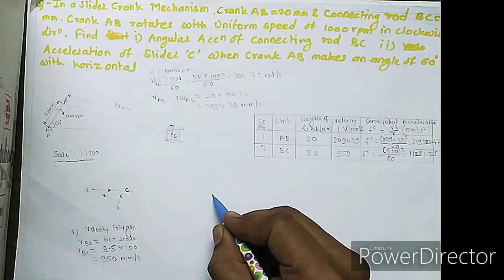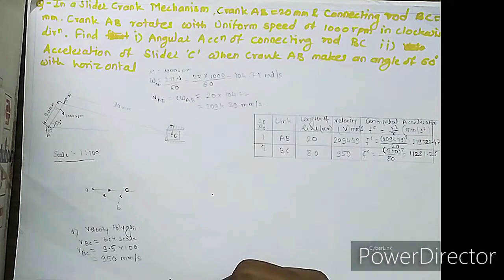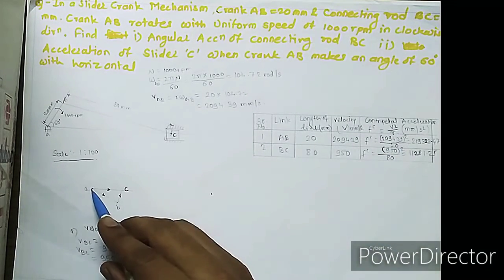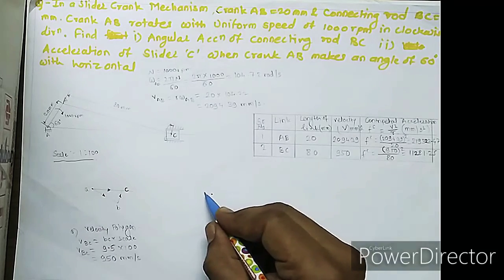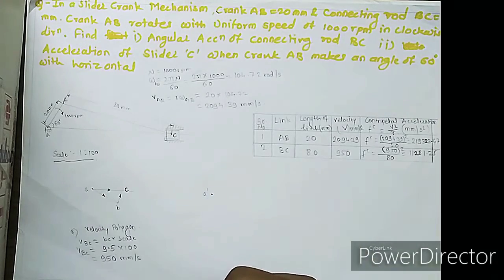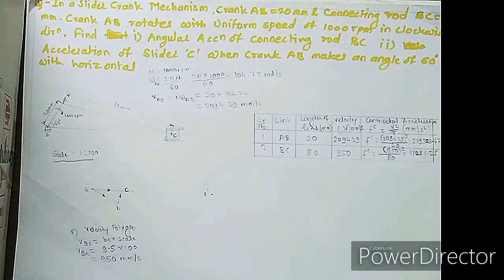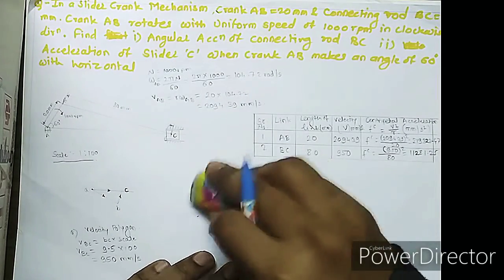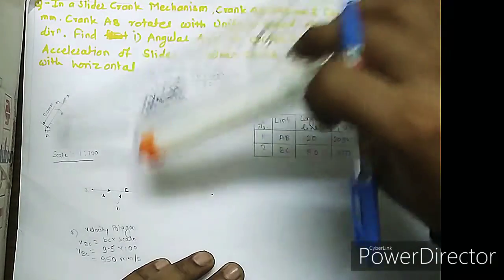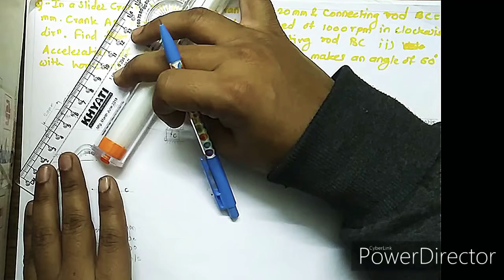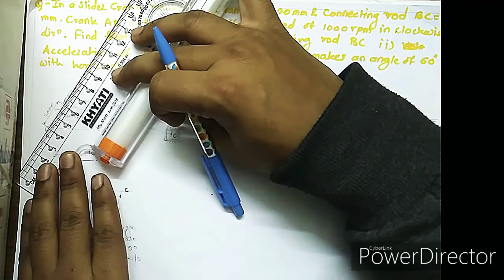Now for acceleration polygon, mark a point anywhere in the sheet. To draw the FC, we have to take either parallel lines to the configuration diagram or perpendicular to the velocity polygon. Now for that we will take the parallel lines to the configuration diagram.